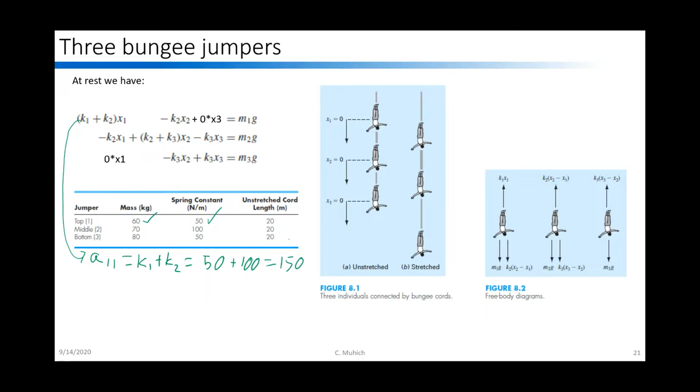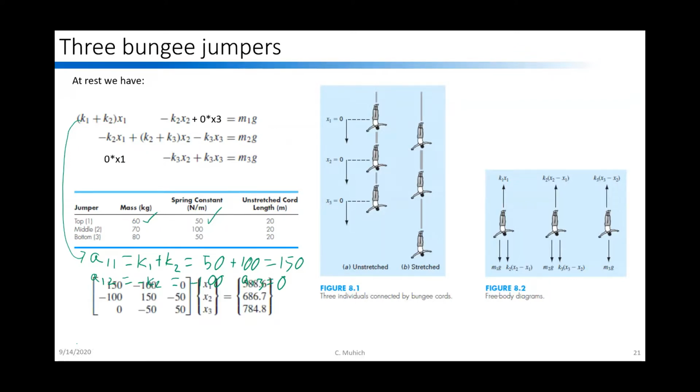And we could then calculate what a12 is, which is negative k2. This would be negative 100. And then a13 is 0. Right?